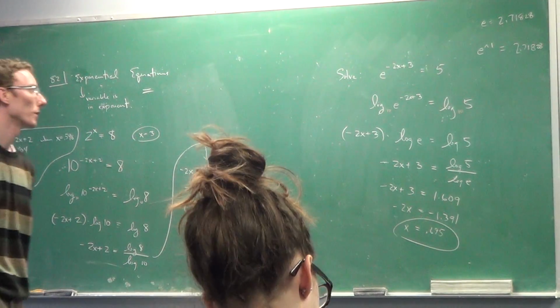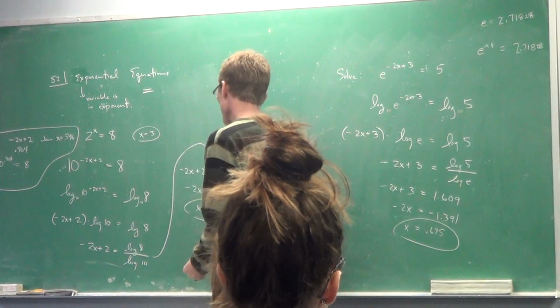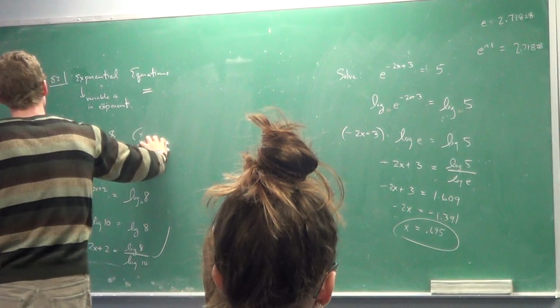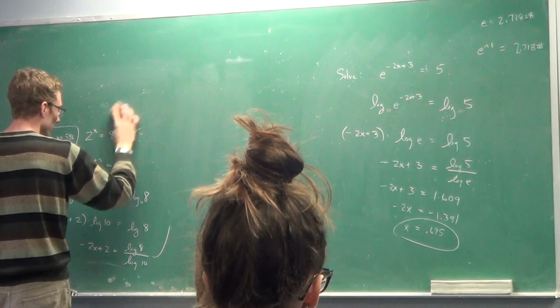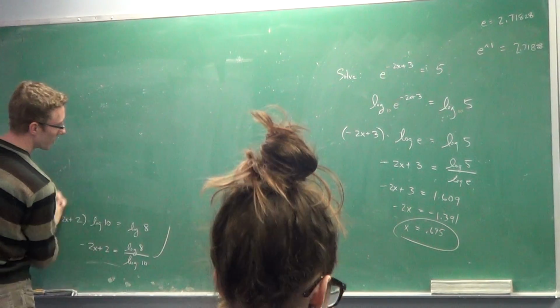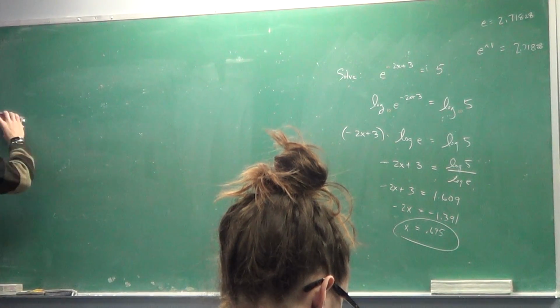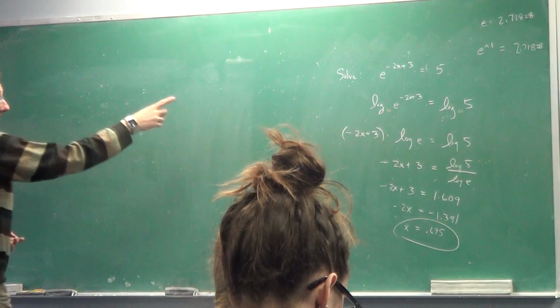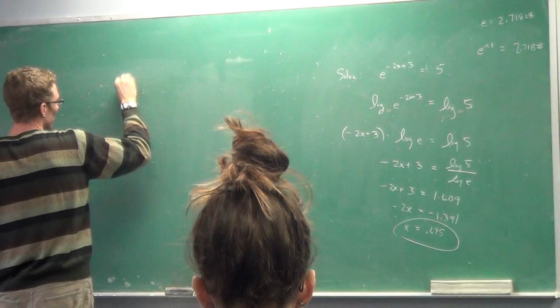Now, I wanted to prove a point with this problem. Notice how we took the log of both sides, which is legal, that's doing the same thing to both sides, and that's not going to change whether the equation is true or false, it's just going to express it in a different way. But in this problem that has an e involved, you could take the ln of both sides.